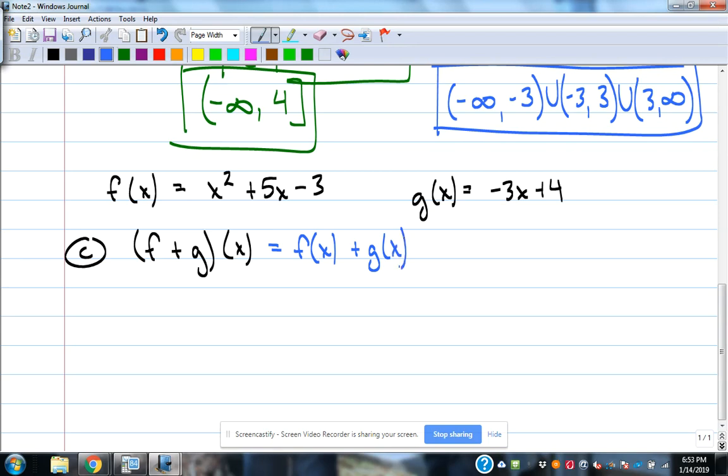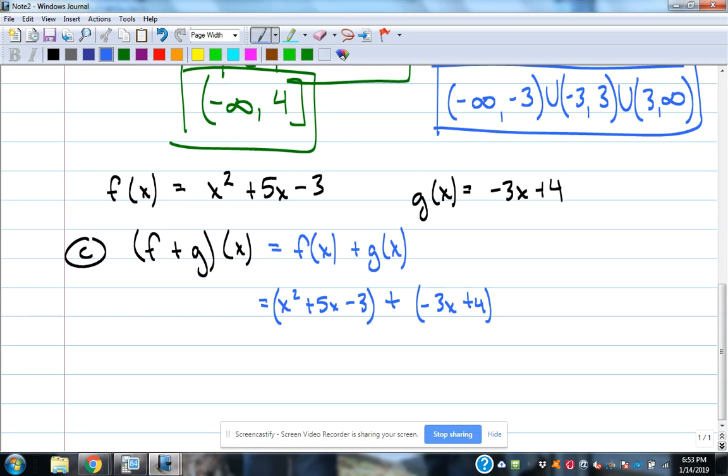That's all that means. So f of x is x squared plus 5x minus 3. g of x is negative 3x plus 4. I'm putting them in parentheses just so that we see this one contains f of x, this one contains g of x. The addition came from what they told me to do.